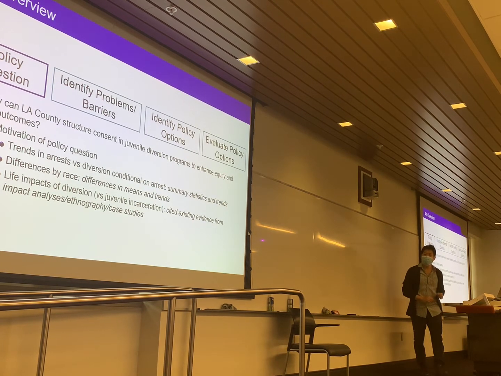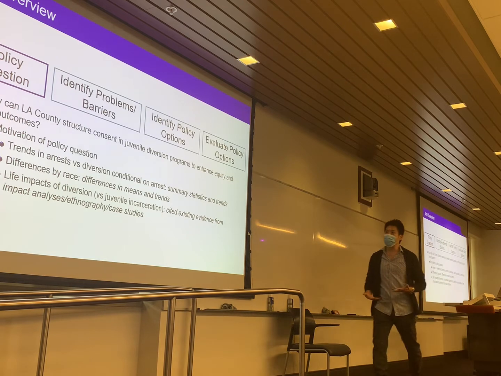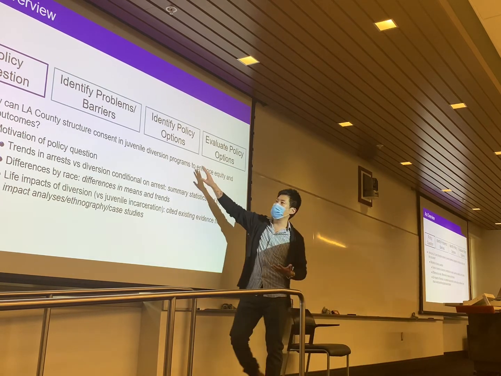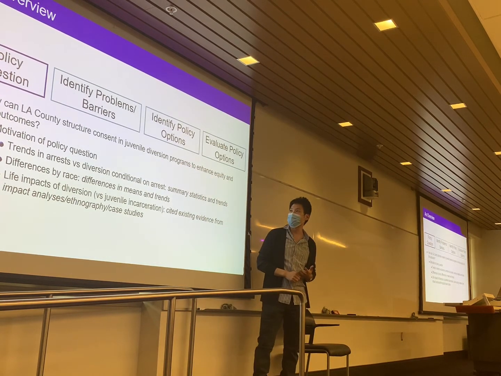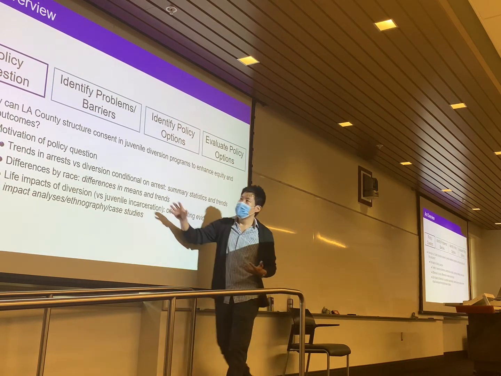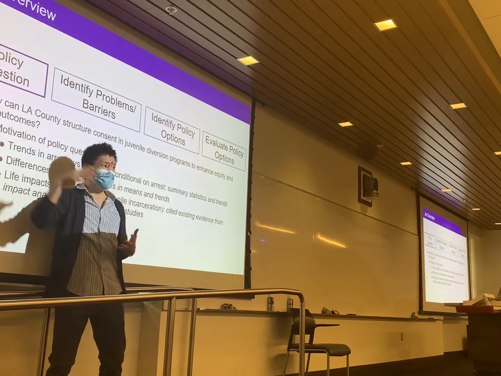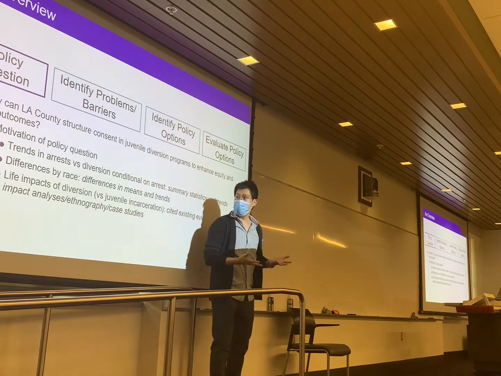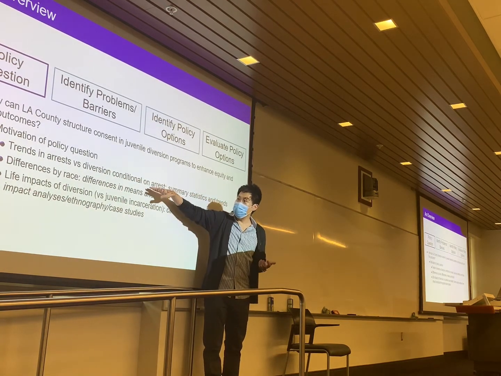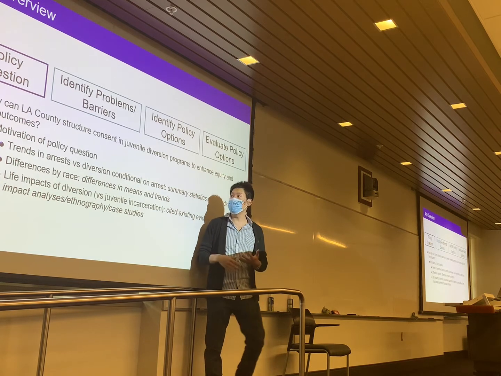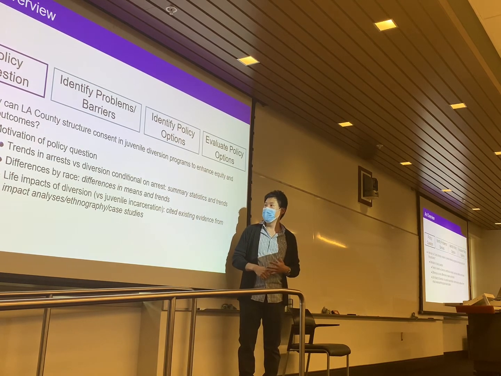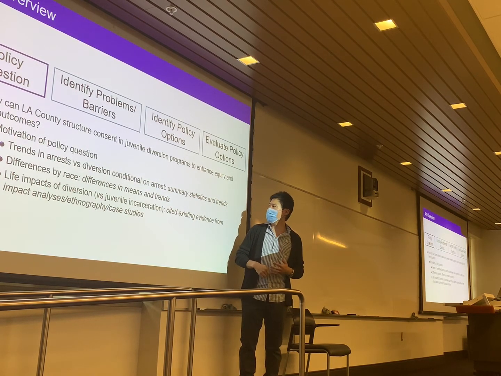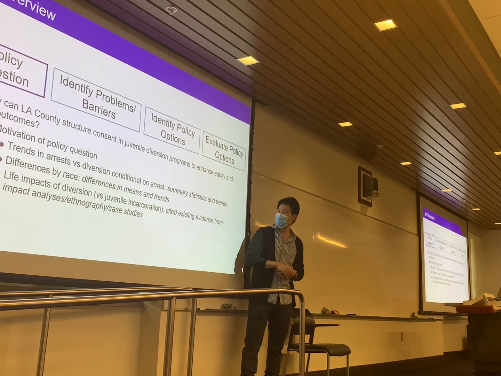So this is, again, how data was used in this particular APP, how LA County can structure consent in juvenile diversion programs. In this section, data was used in the following ways. They reported trends in arrests versus diversions, done just by summary statistics and trends.